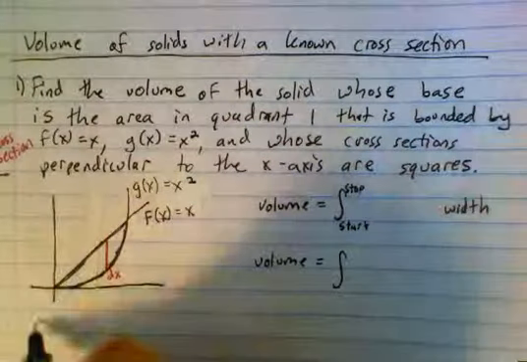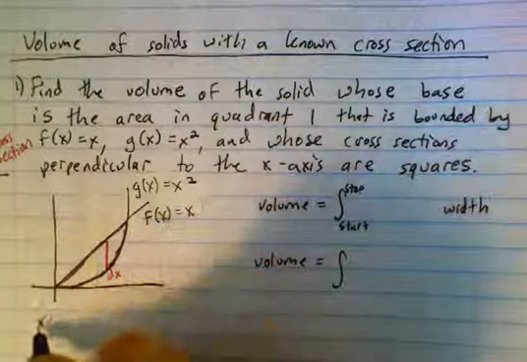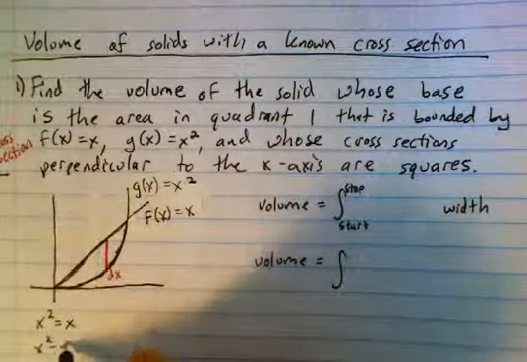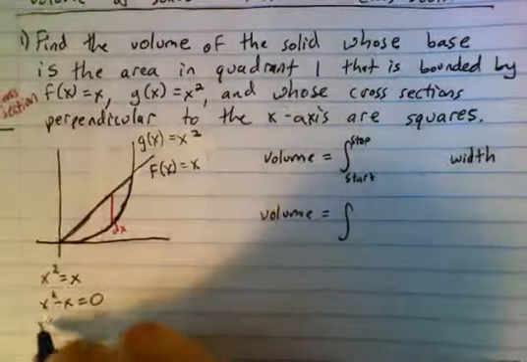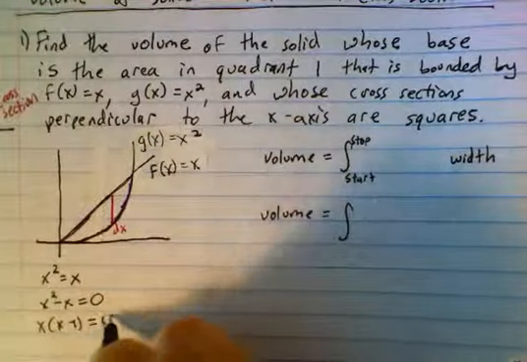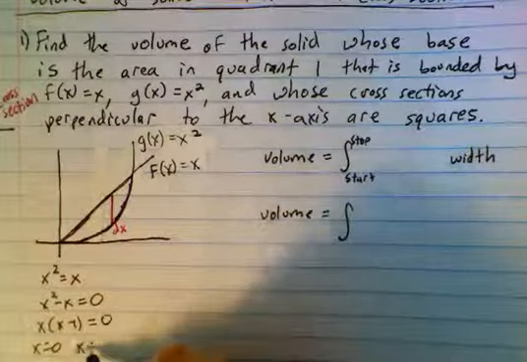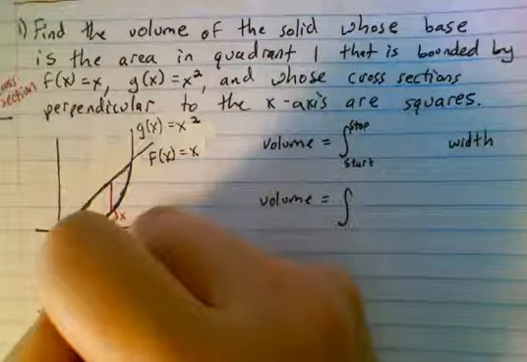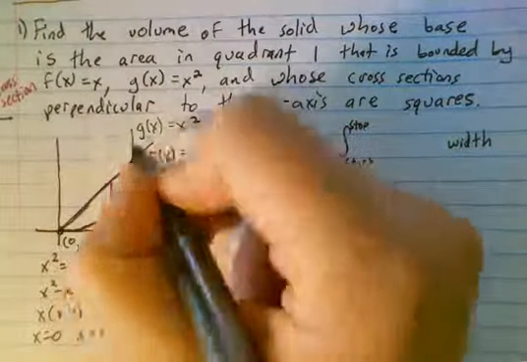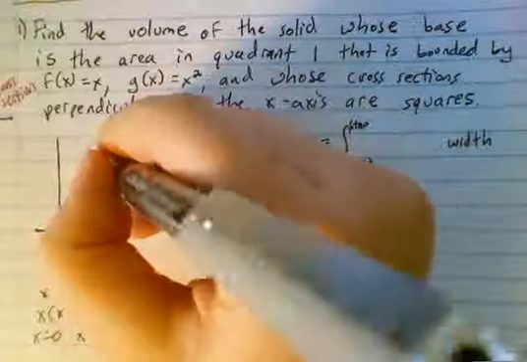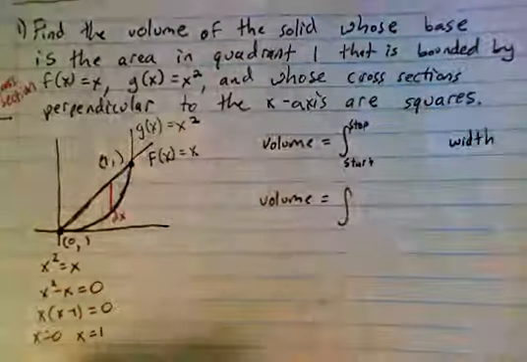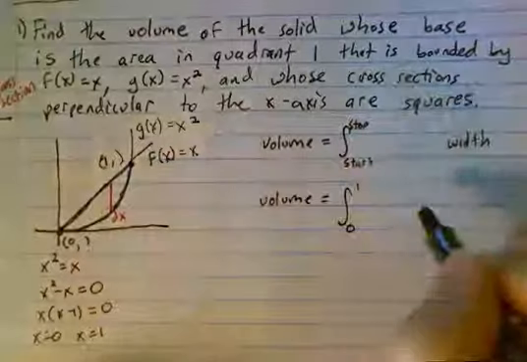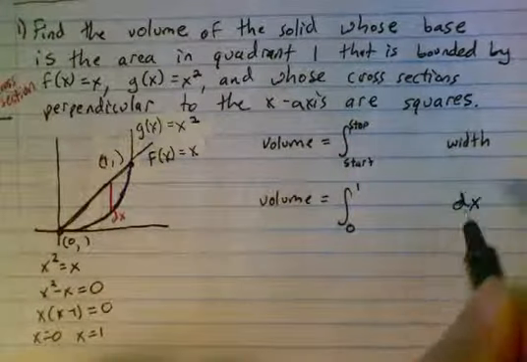Same thing, we set these equal to each other to find the intersections. Here this x-coordinate is 0. Here this x-coordinate is 1. And so we're starting where x is 0, we're ending where x is 1. We have a dx.